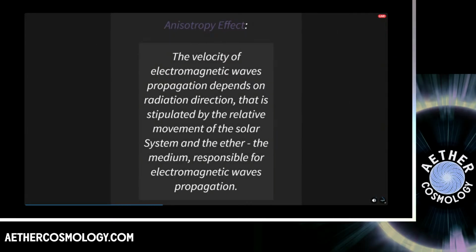So the anisotropy effect is that the velocity of electromagnetic propagation depends on the radiation direction, or the direction that it's going, right? And it's stipulated on the relative motion of the solar system and the ether, the medium responsible for the electromagnetic wave propagation. This is from Atsukovsky's ether model, and this is the criteria for it.